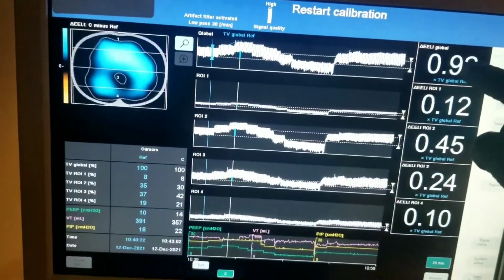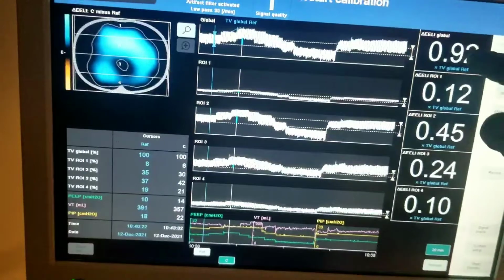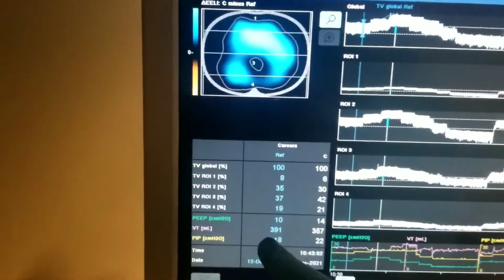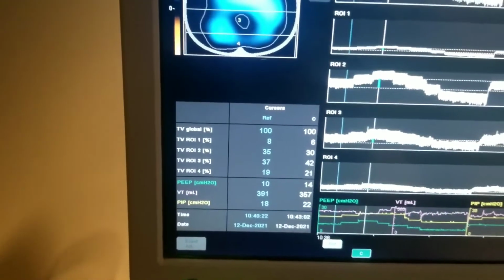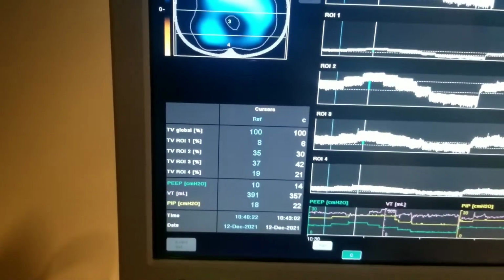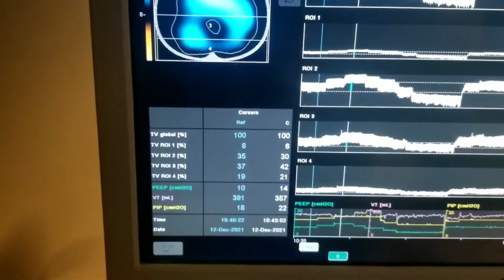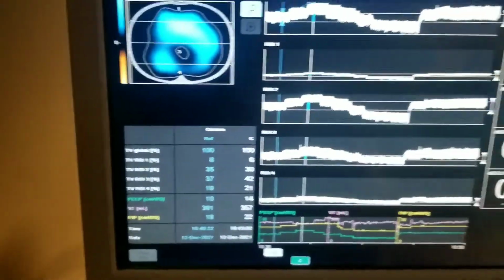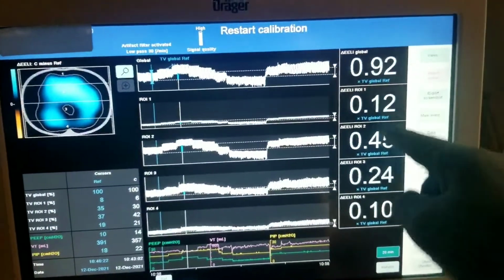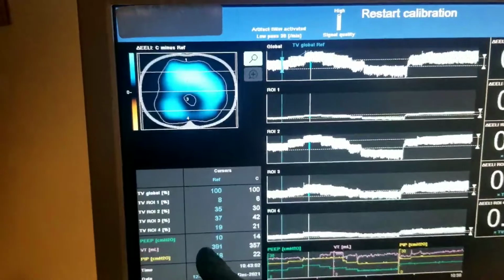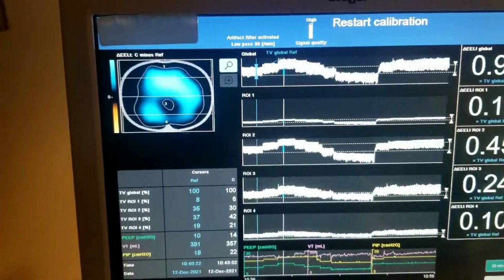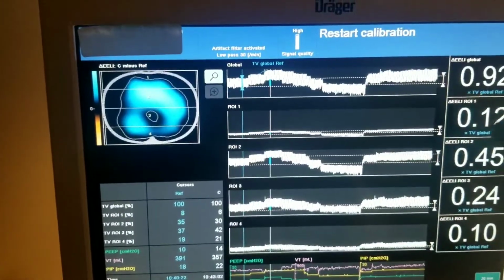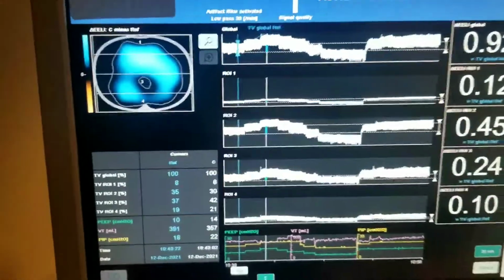If you want to know exactly globally, 0.92, if you multiply it by the reference tidal volume that's over here, you'll get the global amount of volume that's increased at the end of expiration. Then you can multiply each one of these by the tidal reference to get the milliliters of gain at the end of expiration for each region of interest from ventral to dorsal.